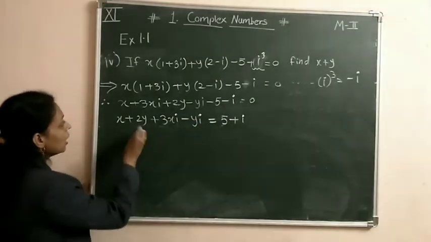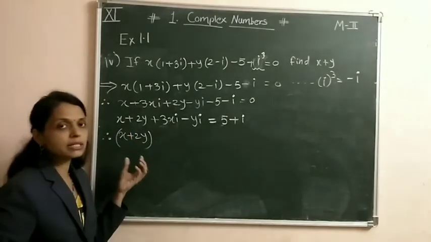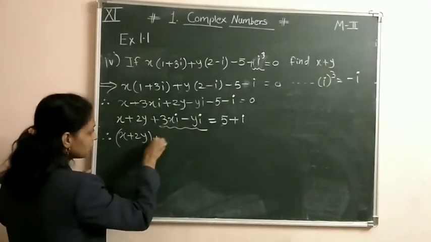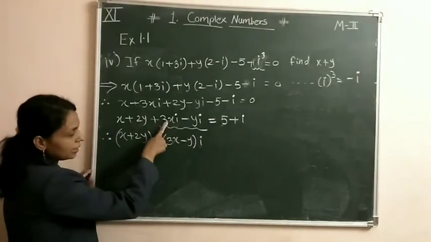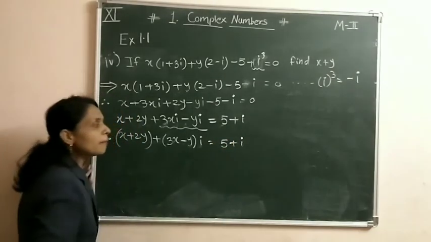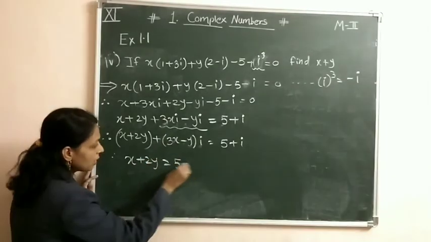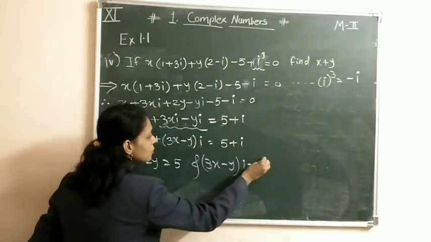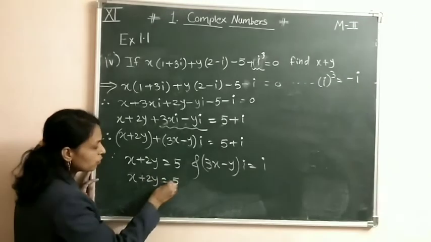Okay. Now, x plus 2y, this is the real part because it doesn't contain any i term. Here, we will take out the i common. 3x minus y into i. Check 3xi, negative yi is equal to 5 plus i. Now compare both the sides. Therefore, x plus 2y is equal to 5 and 3x minus y into i is equal to i.